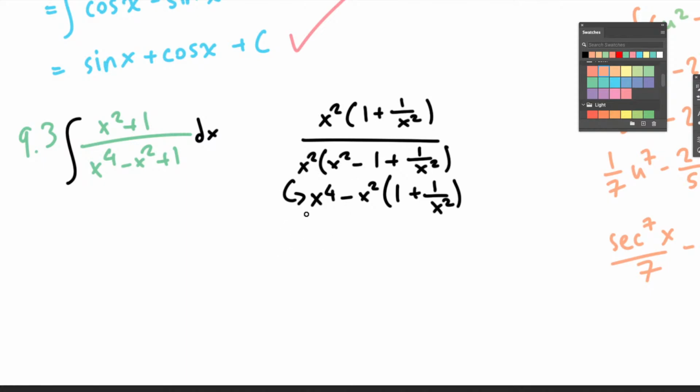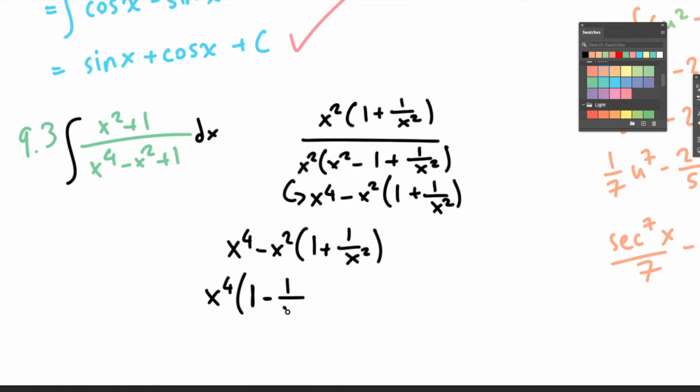I get it. This x to the fourth minus x squared times 1 plus 1 over x squared. This thing, if we take out an x to the fourth, it becomes 1 minus 1 over x squared times 1 plus 1 over x squared.